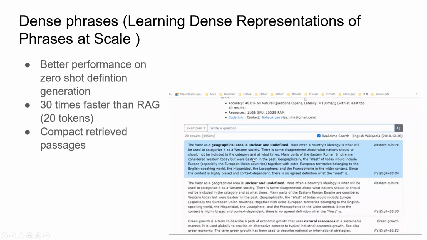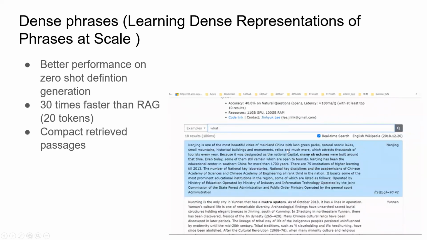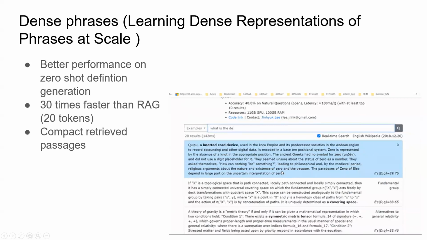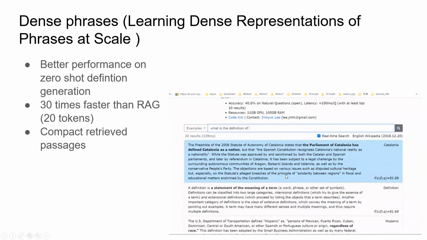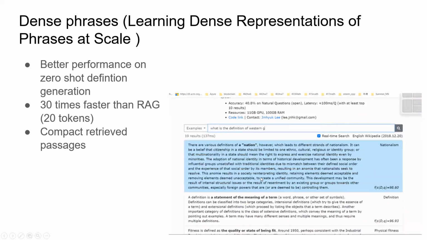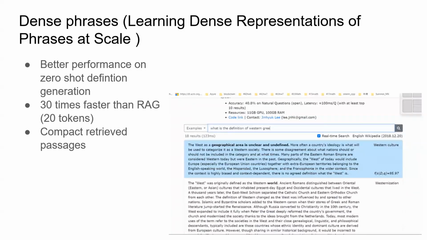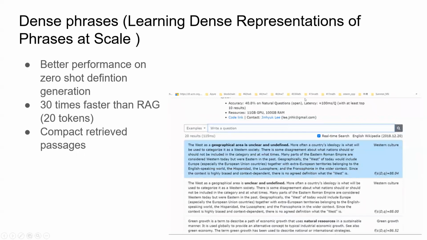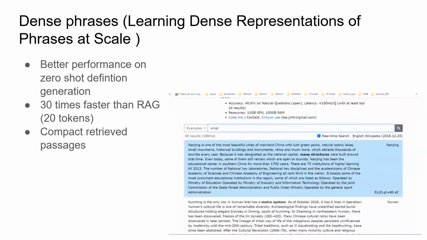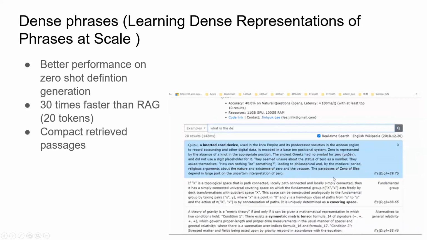As I showed in the slide, DensePhrases retrieval is super fast and almost 30 times faster than the retriever in RAG. Based on my experiments, DensePhrases has better performance on zero-shot definition generation.